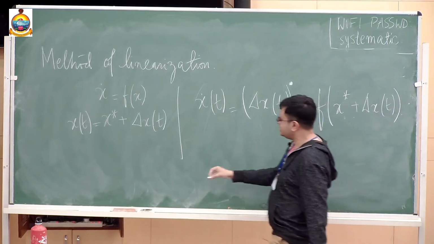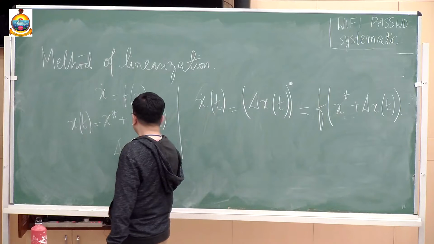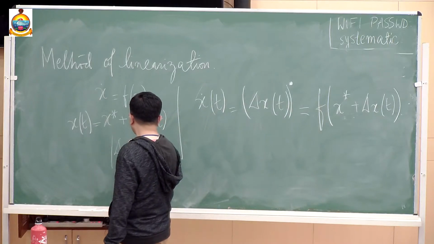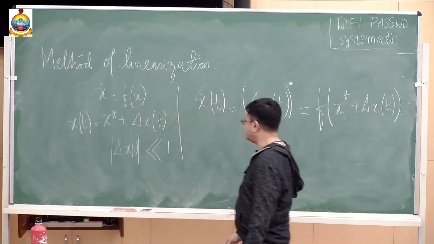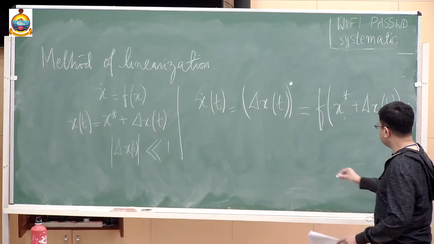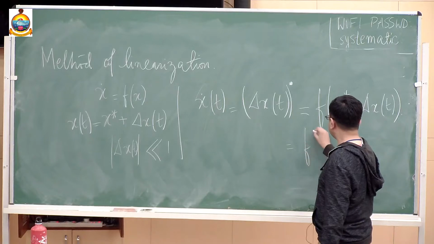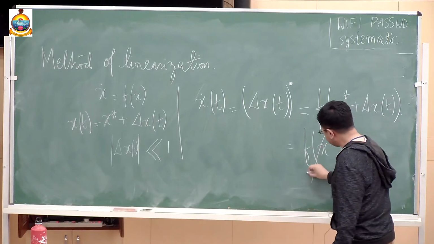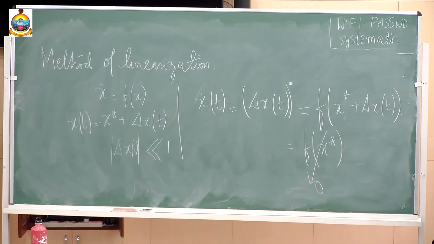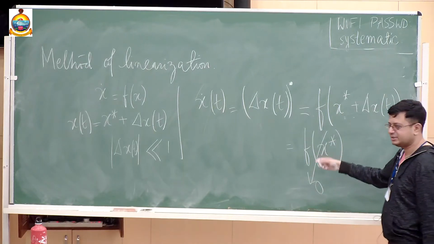And since delta x is small, I am looking at the behavior of small fluctuation. Delta x of t in magnitude is much smaller than 1. I can do a Taylor expansion, and the first term that I get is f of x star, but that is 0 by definition, because x star is a solution of f of x equal to 0.